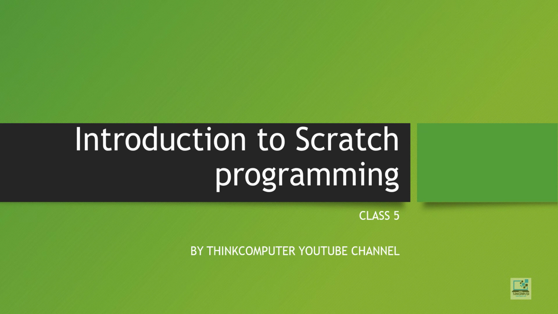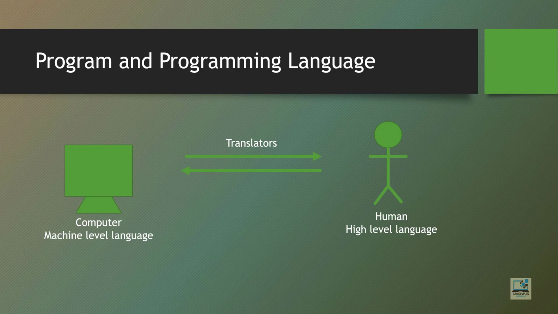So before we actually begin discussing Scratch programming, let us first understand what a program is, what a programming language is, and what the need of having a programming language is. As we already know, the computer uses machine level language, which is also known as low level language, or we can say binary.